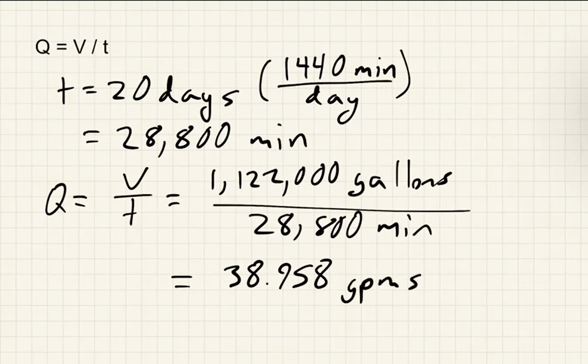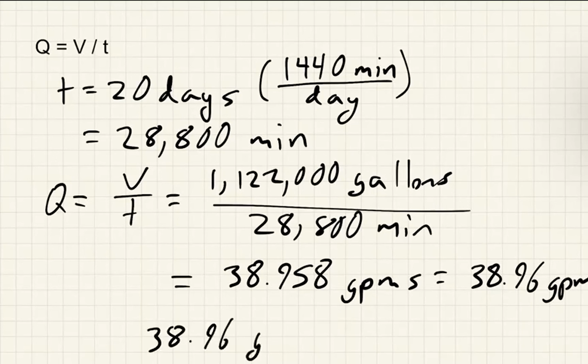This would probably be rounded to 38.96 GPM. And 38.96 GPM is less than 40 GPM. So the pump would have enough capacity to completely empty the lagoon in the required time frame.